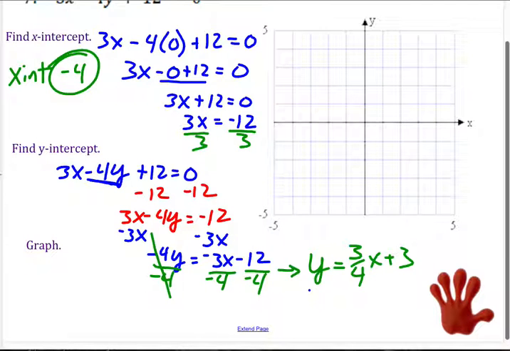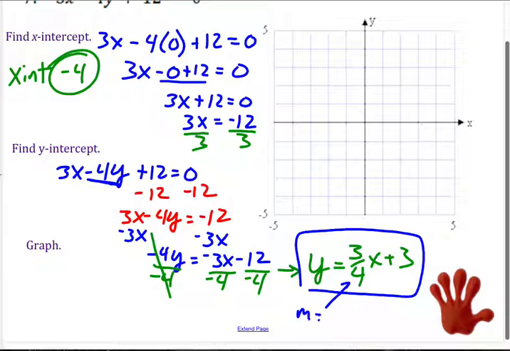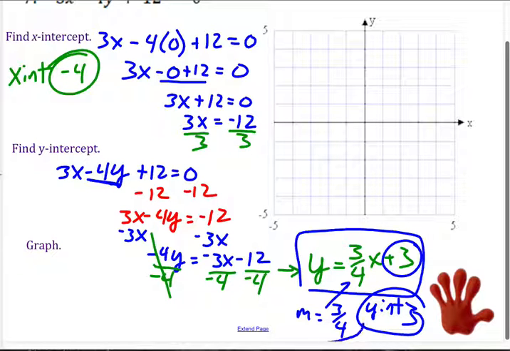So it's in slope-intercept form. What does that mean? I know my slope. My slope is 3/4. And my y-intercept, which we want to find, is this 3 right here. So y-intercept is 3.